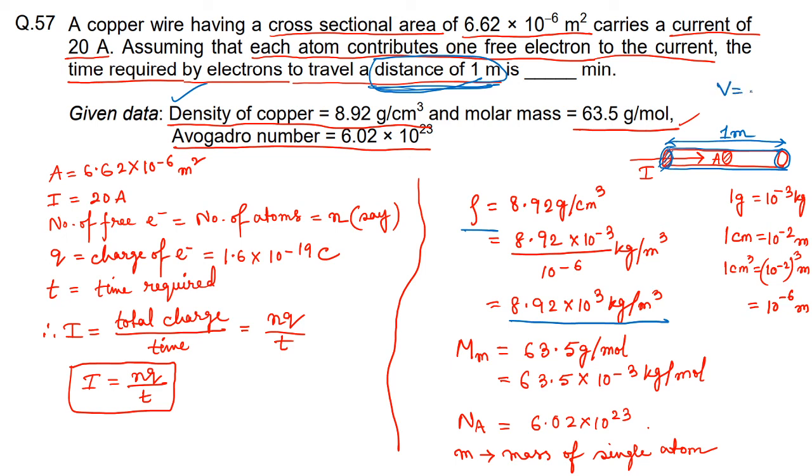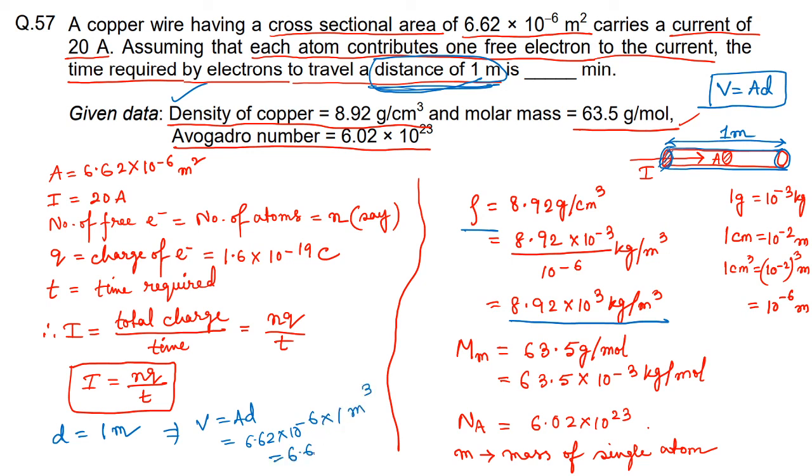So volume is equal to A times D. If D is 1 meter, then V equals A into D, that is 6.62 into 10 to the power minus 6 into 1 meter cube, which is equal to 6.62 into 10 to the power minus 6 meter cube. This is the volume.